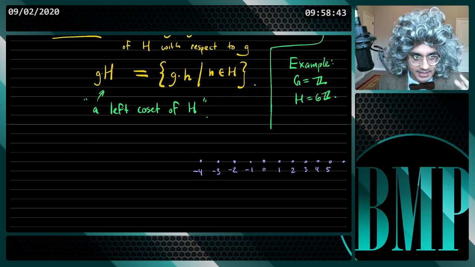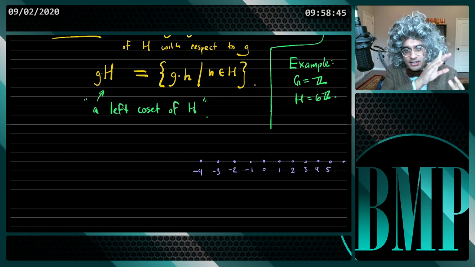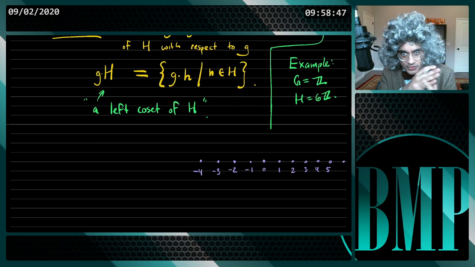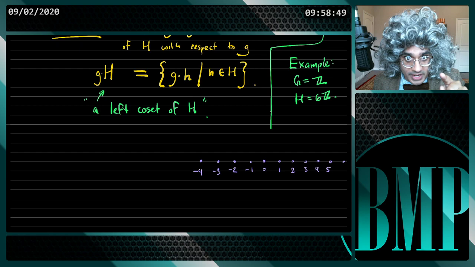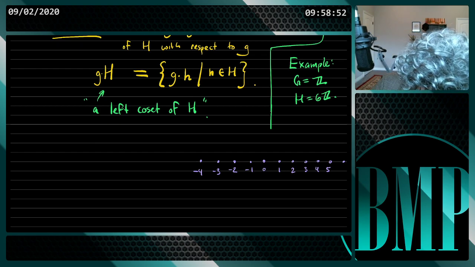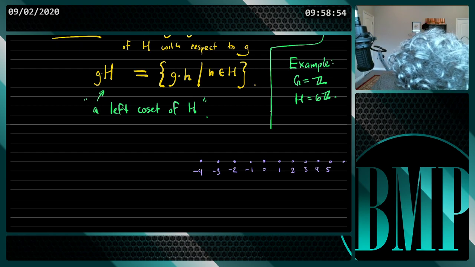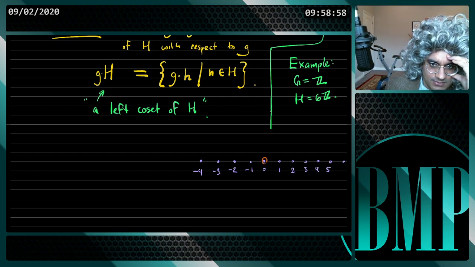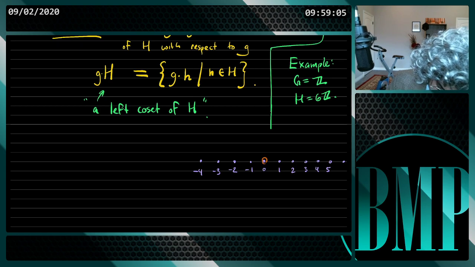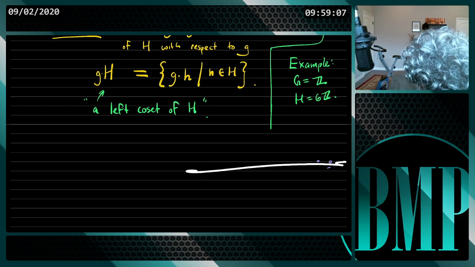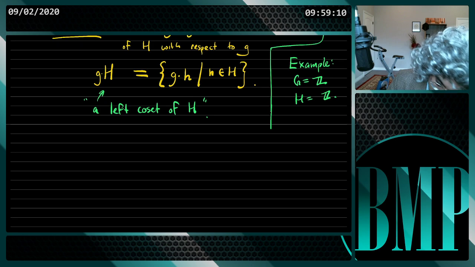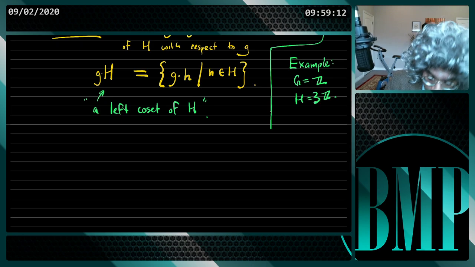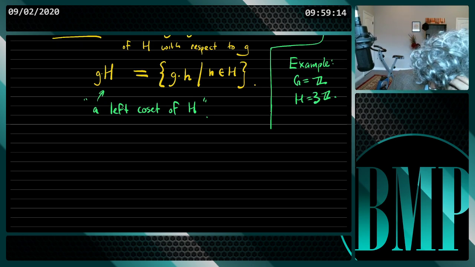We're shifting the group H by hitting it with g on the left. We're sort of shifting it. But look, you'll see the shift right here. You'll see it in this example. And now look, the subgroup H in orange is... six was too big. Okay. Let's do 3, folks. Let's just do 3. Okay.